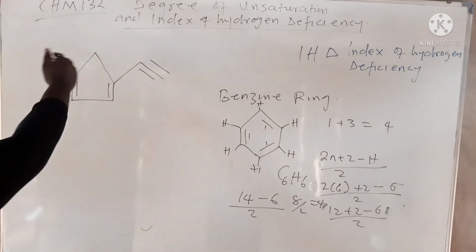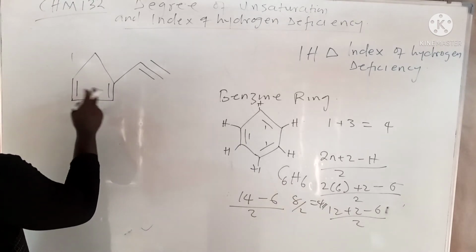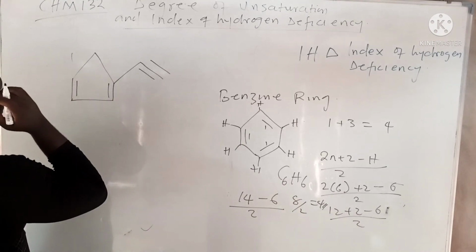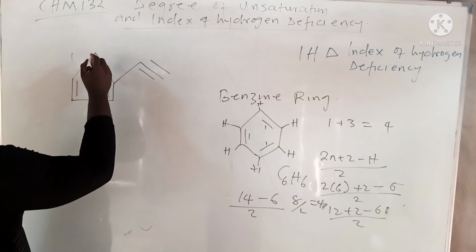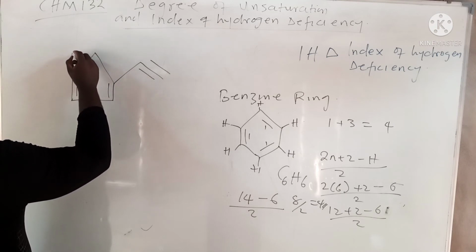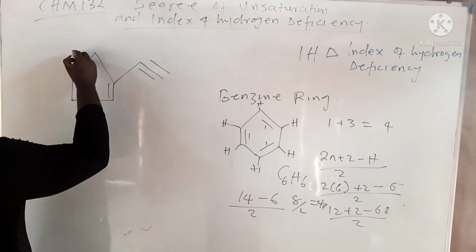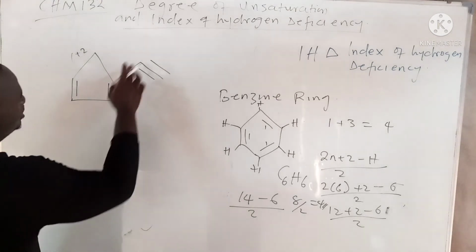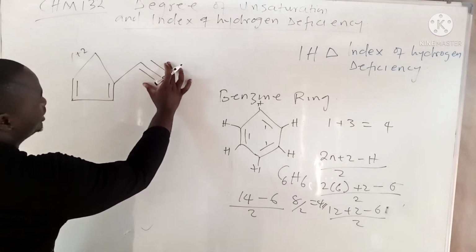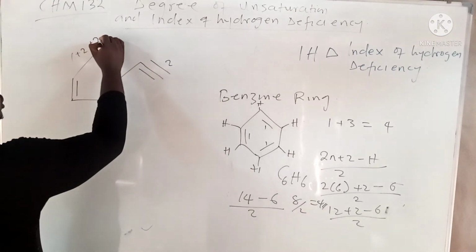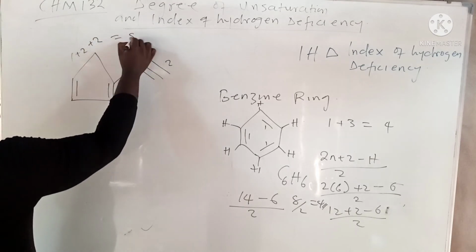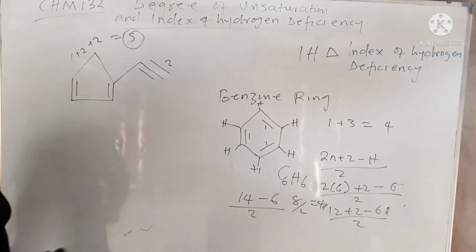The ring itself is 1. We have the 2 double bonds here, which will give us 1 plus 1. So we have 2 here, and then we have a triple bond here, so this is 2. So plus 2, this will give you 5. So the IHD is 5.